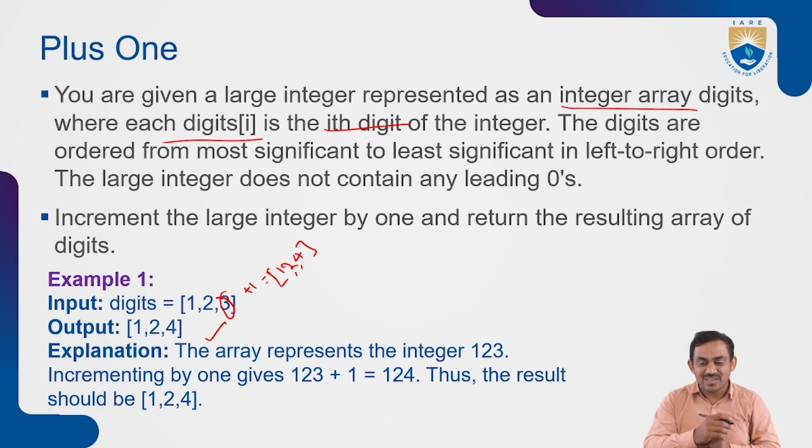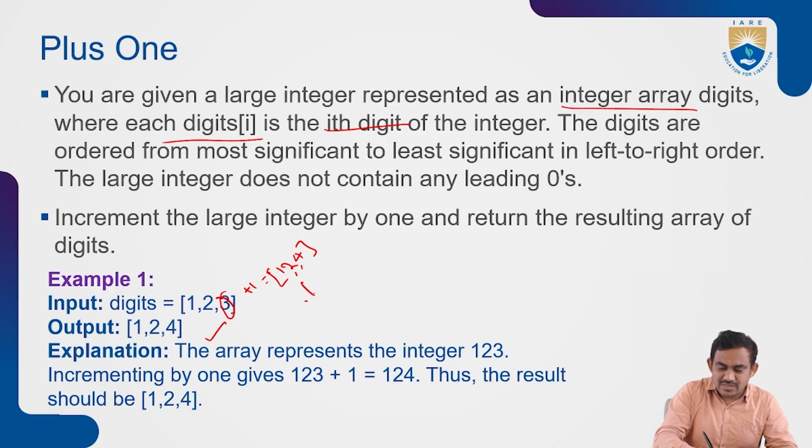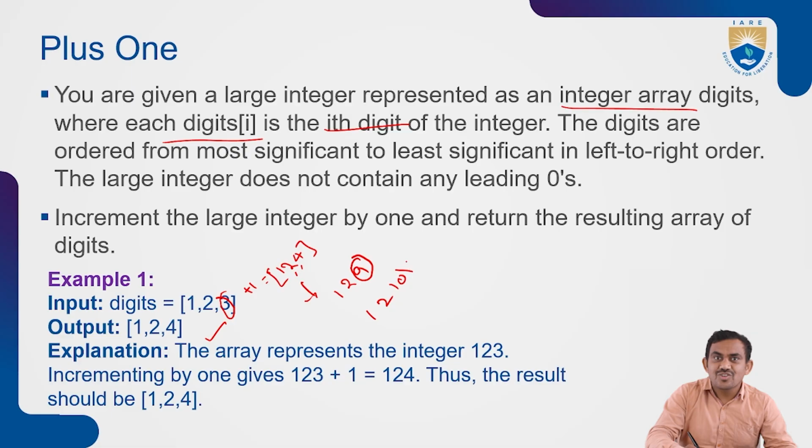Now, do we have any more conditions? Yes, one more condition on the digits. Suppose my numbers are 1, 2, 9. If we add 1 to this last digit, that means 1, 2, 10? No, that is wrong. He has given one more condition: each element is only a single digit.